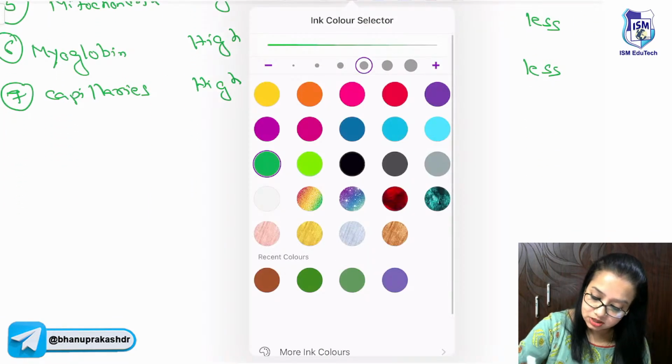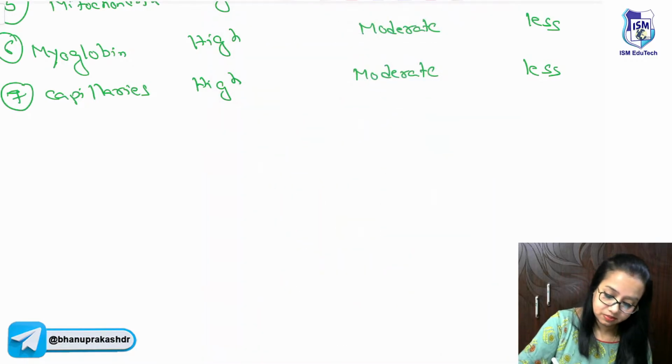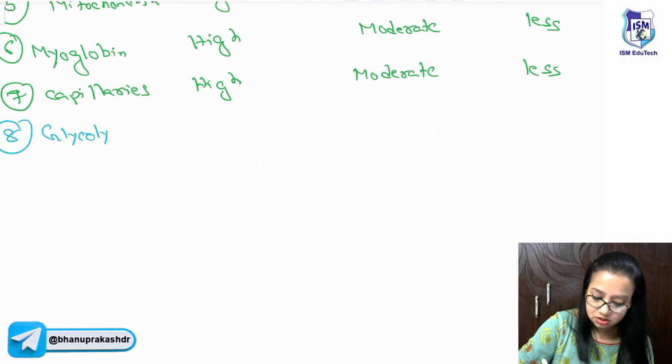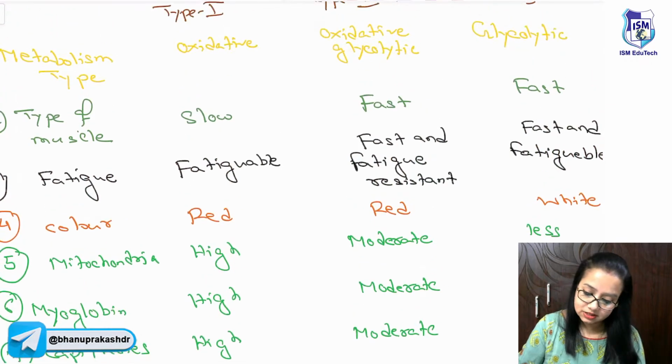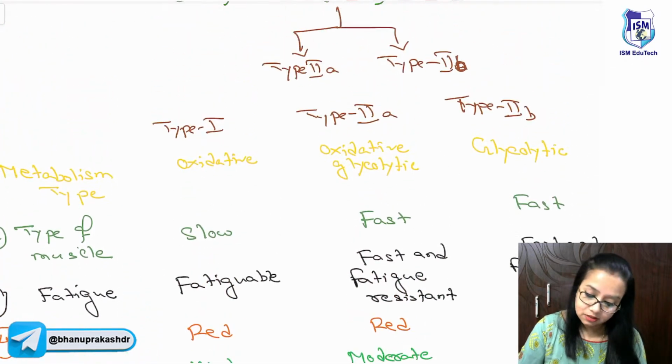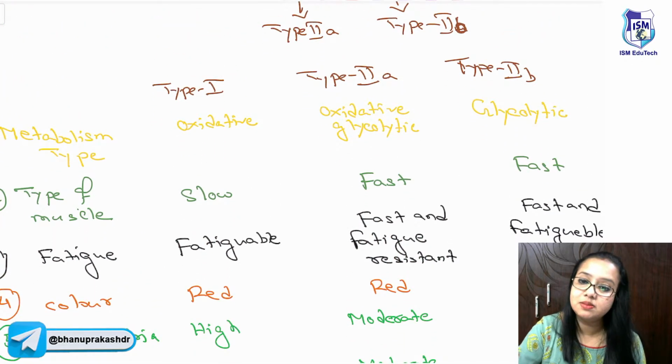Now coming to the metabolism: glycolysis and oxidative phosphorylation. This is very easy to remember if we remember the name itself.